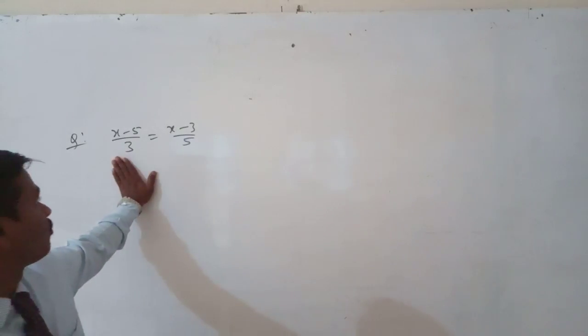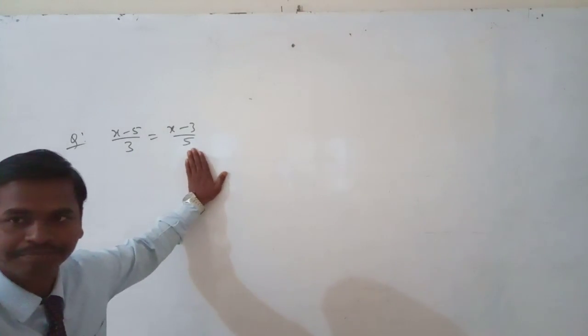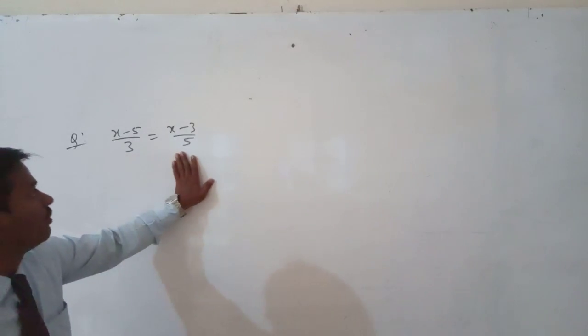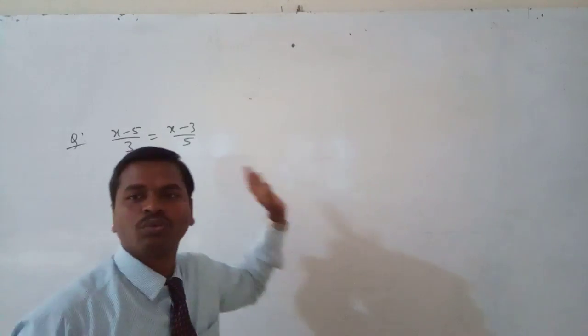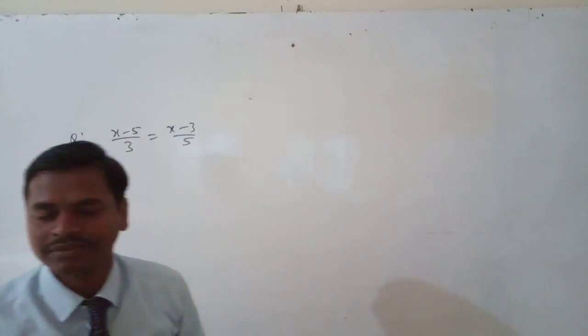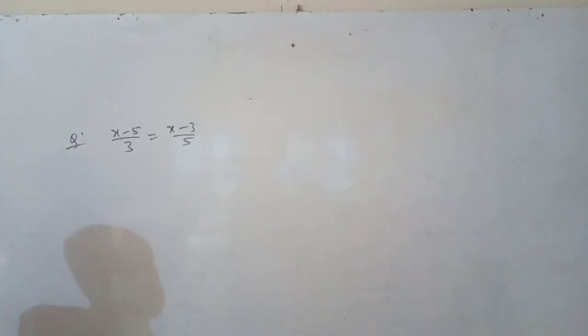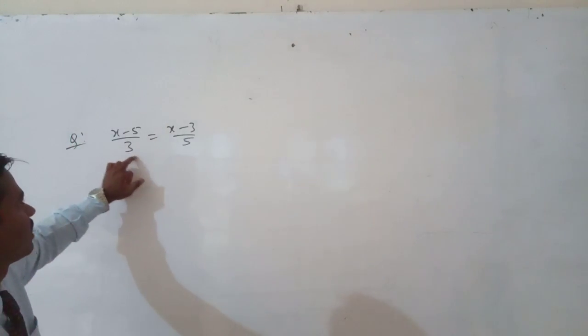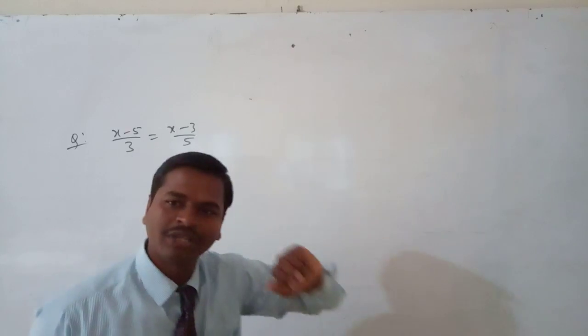Now, LCM of 3 and 5 is 15. If you multiply 15 on both sides, we can remove the denominator. Or we can shift this 5 to this side and this 3 to that side, and remove the denominators in that way also.